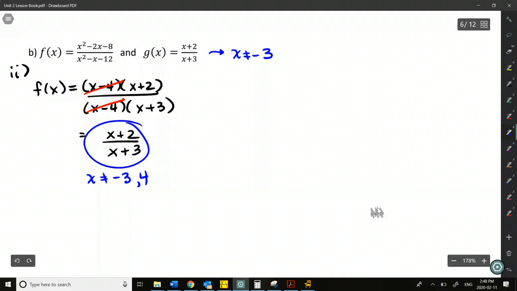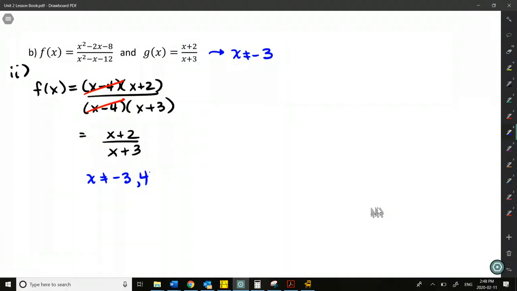The equation is the same, right, once we simplify, but f at x has an undefined point where g at x does not, okay? So these equations are equivalent everywhere except for when x equals 4, because f at x has an undefined point when x equals 4, but g at x is actually defined when x equals 4. So we could say, therefore, the equations are equivalent.